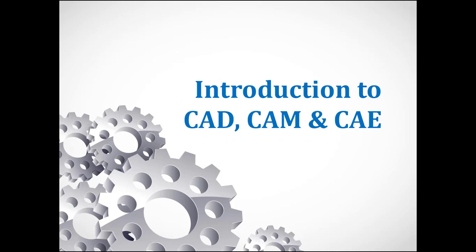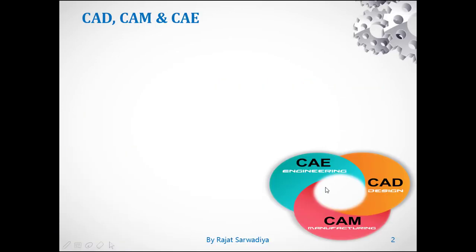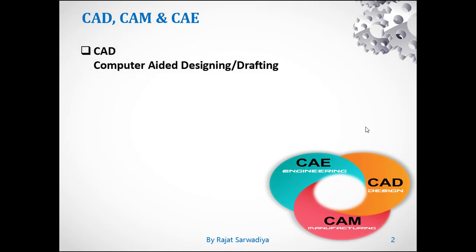Let us have an introduction to CAD, CAM and CAE. CAD, CAM and CAE are basically the technologies used to design a particular product. First comes CAD. CAD is referred to as computer aided designing or computer aided drafting.